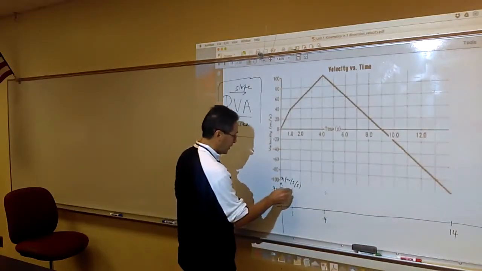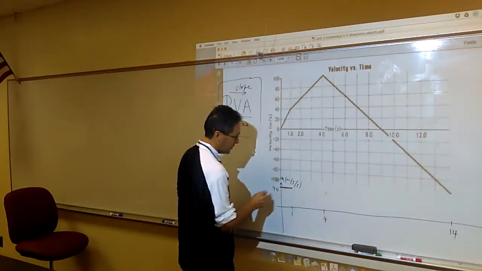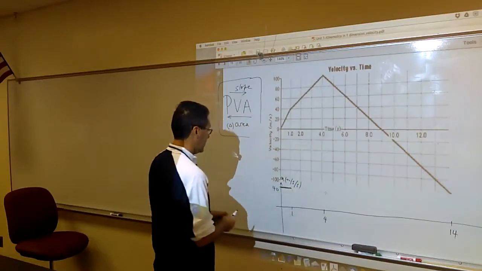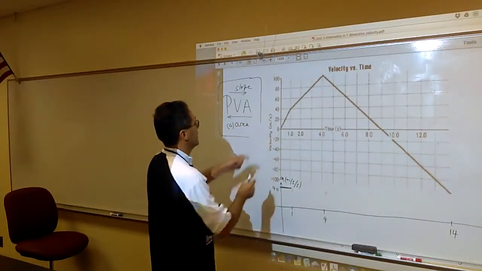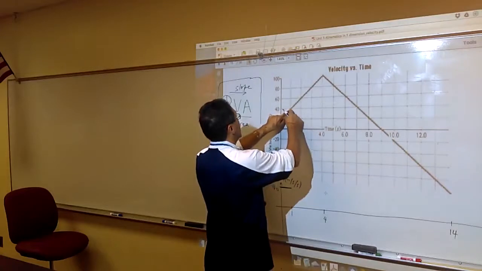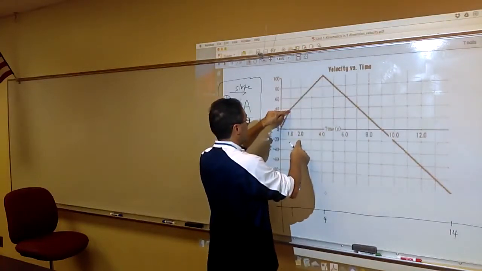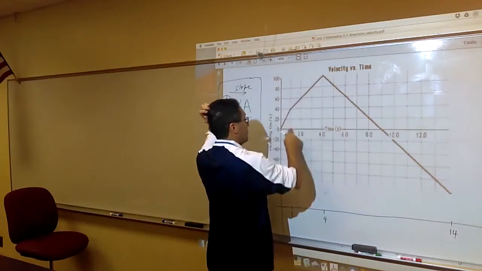So in the first second, it's going to be 40 meters per second squared. Between 1 and 4, it's 100 over what? No, not 100. 60 over 3, which is 20.